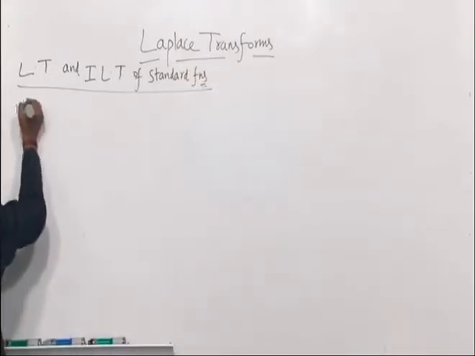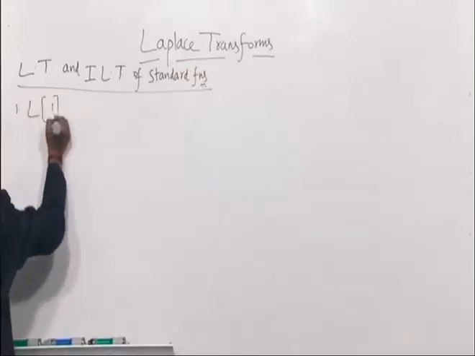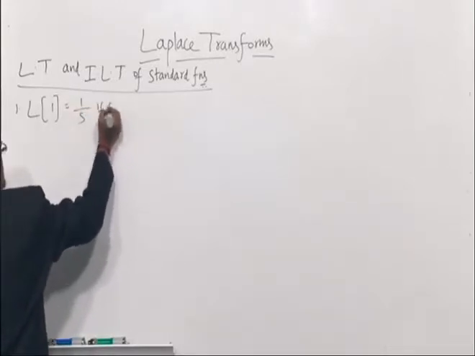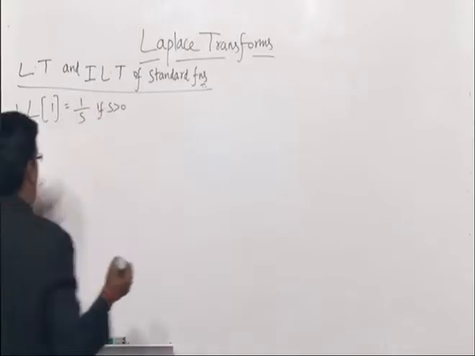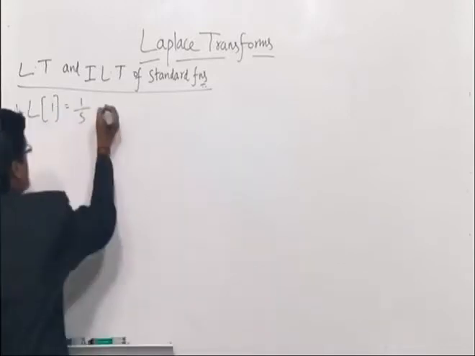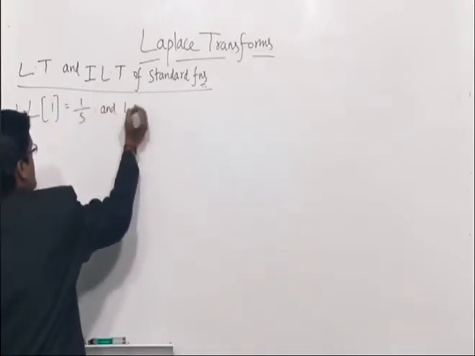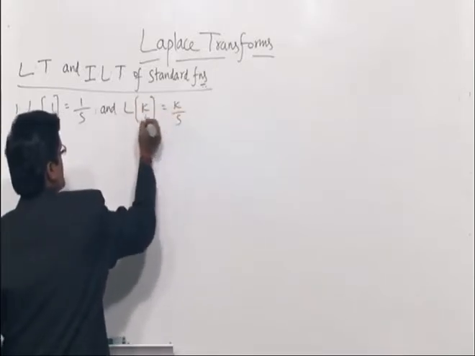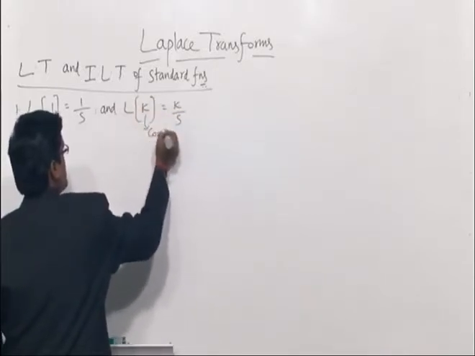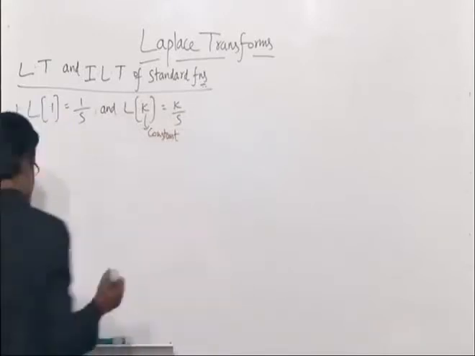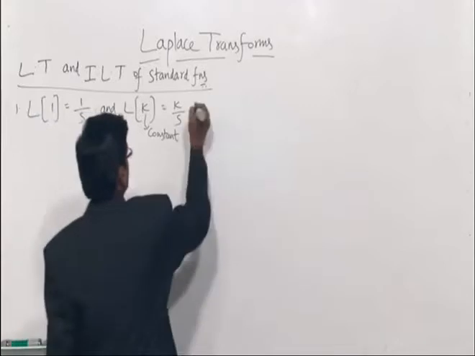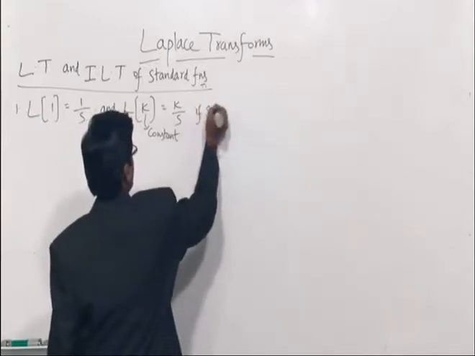First one: L of 1 is 1 over s if s greater than 0, and L of k is equal to k by s. This k is any constant, if s greater than 0.